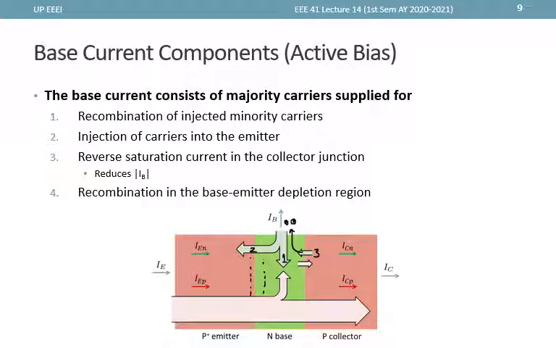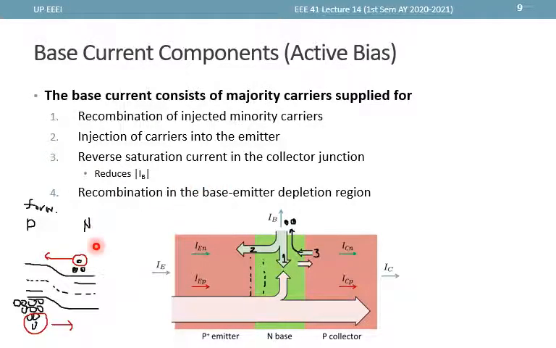So we have here the depletion region in the base emitter junction. If we go back, we have here a diagram of a forward biased PN junction that represents the emitter and the base. The injected holes here is this one, and the injected electrons is this one.